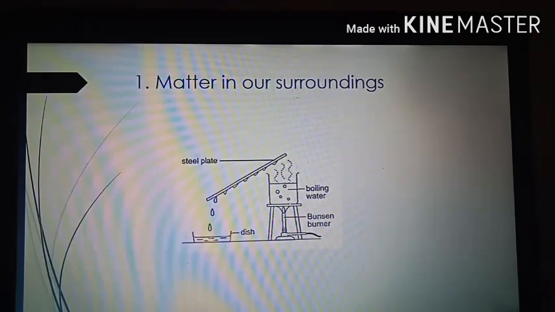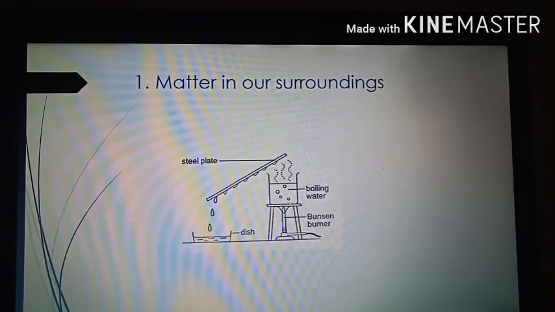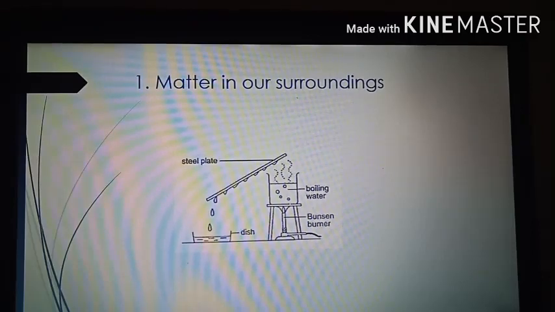In this chapter, we will learn about the physical nature of matter. As we know, matter is made up of particles, and I will give you a brief idea of how small these particles are.